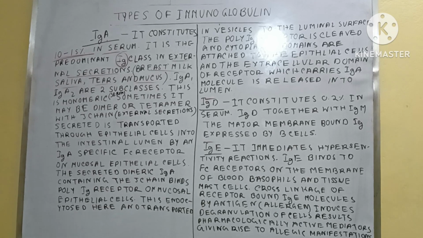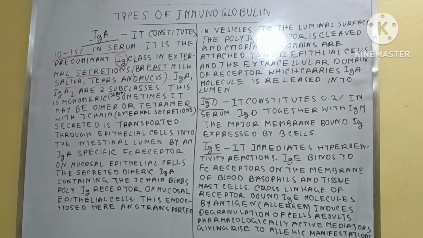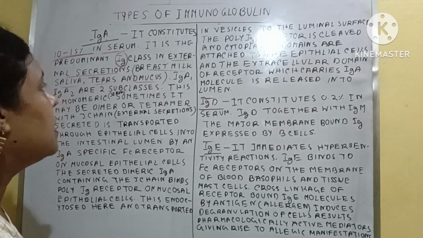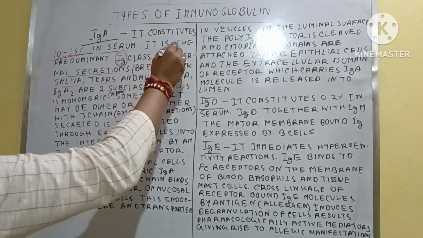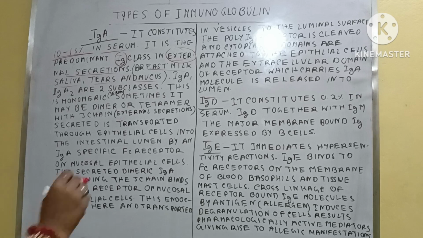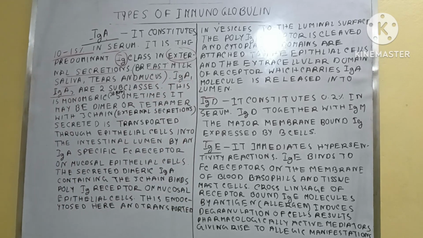Okay, so IgA is one kind of immunoglobulin that is seen in the external secretions. There are two types of IgA. One is IgA1, another is IgA2.